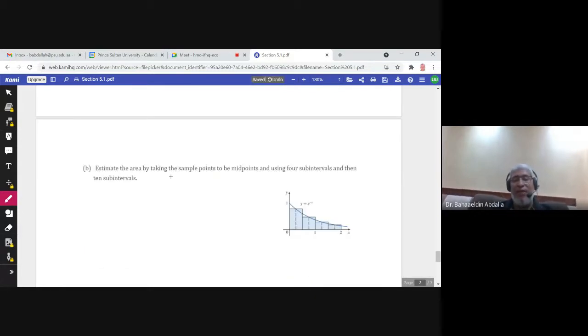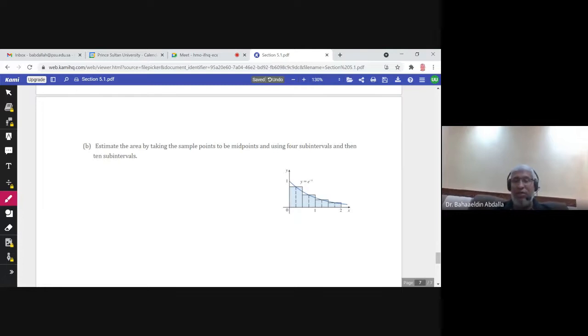Estimate the area by taking the sample points to be midpoints and using 4 subintervals and then 10 subintervals. I will do the 4 subintervals and you can do the 10 subintervals, it just needs more time. So 4 subintervals means that n is 4.